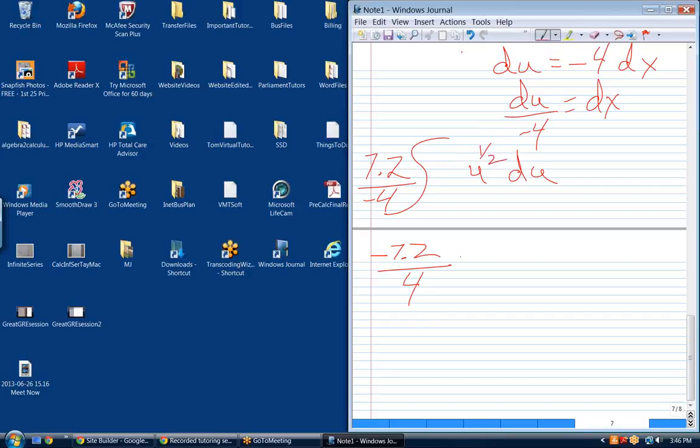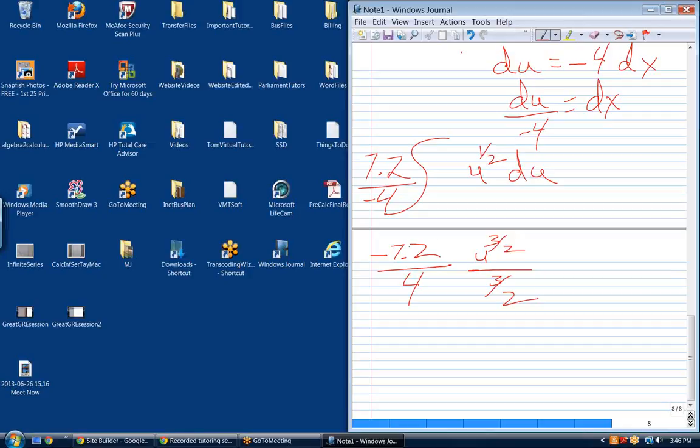Oh, right. So it's just add 1: u to the 3/2 over 3/2, right? Right. And the power rule is, that's always the way I do it. I just always add 1 to the exponent and divide by the new exponent.